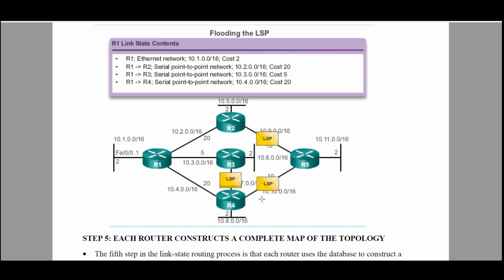Then R4, R3, all the routers are going to create their own LSPs and flood them. Now R1 will get the LSP of R2, the LSP of R3, the LSP of R5 and the LSP of R4. It will collect all the LSPs. So every router is going to get the LSP of all the other routers.